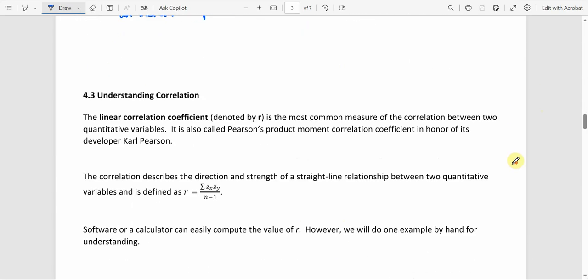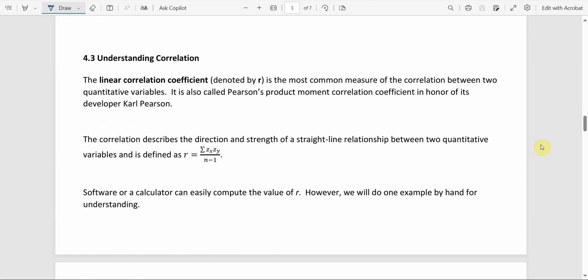4.3. So I did briefly say in passing earlier that you can quantify strength. This is the way that you do it. This thing called the linear correlation coefficient, which most people just call the correlation, denoted by R rather than C, right? C is kind of reserved for an arbitrary constant mathematically, so I had to go with something else.